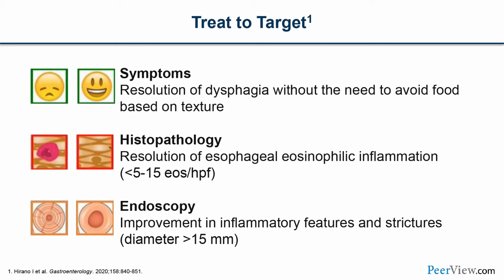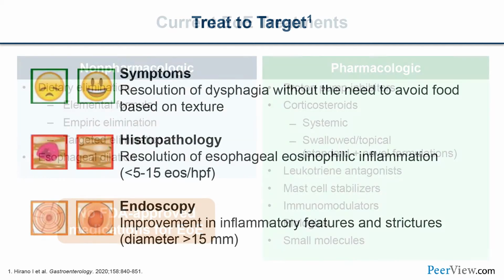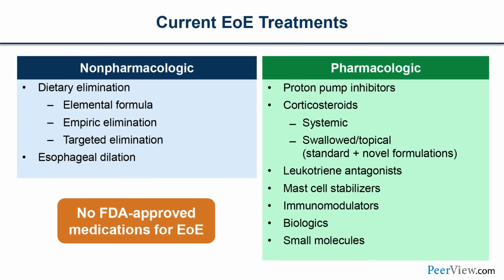And then in endoscopy, the aim is to treat to improve the inflammatory features that Dr. Evan has talked about, and to target a diameter of more than 15 millimeters, so there are no strictures.